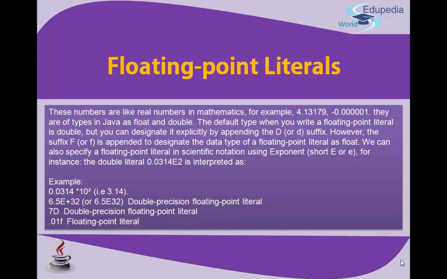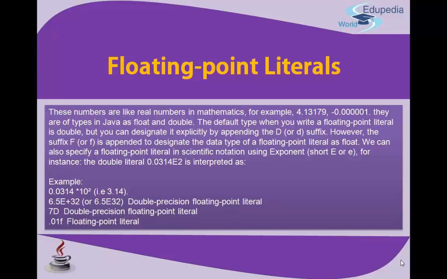For instance, the double literal 0.0314e2 is interpreted as 0.0314 multiplied by 10 raised to the power 2, that is 3.14, so you can take that this is the pi value.